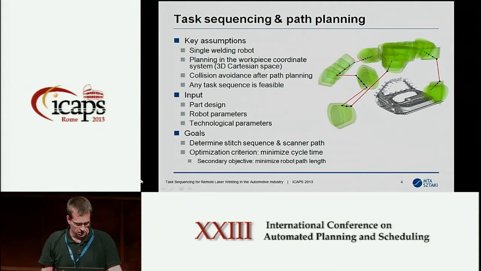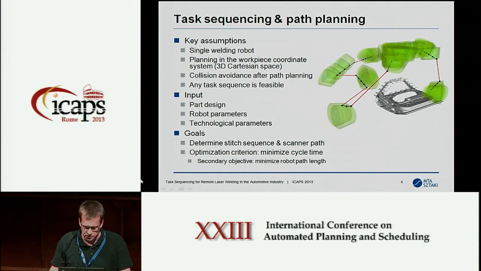Okay, so the task sequencing and path planning problem then consists in sequencing those welding stitches and finding a scanner path for processing this sequence. We make some important assumptions. First of all, we assume there is a single welding robot, and we would like to perform path planning in the 3D space, mostly because it is much more efficient to perform all the needed geometrical calculations in the 3D space than in the robot joint configuration space.